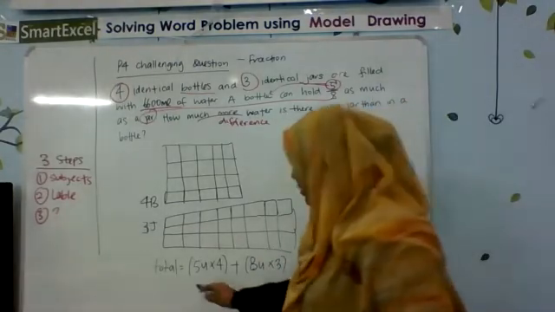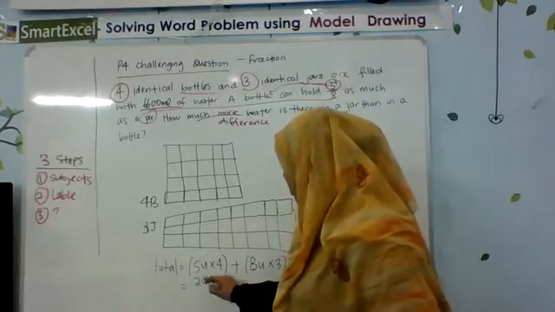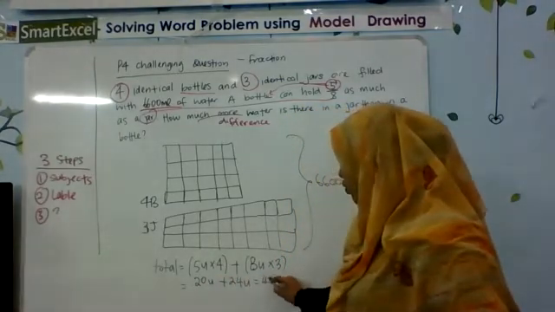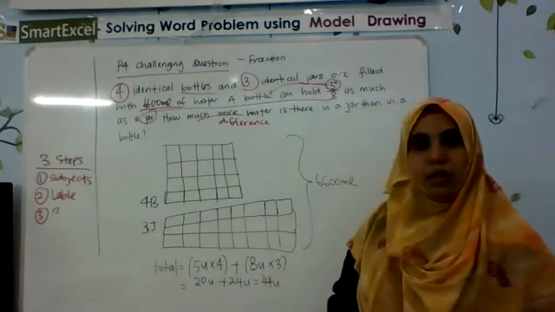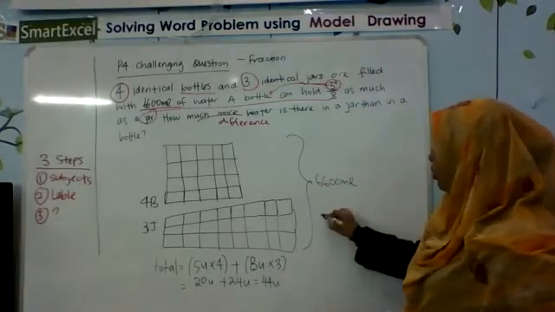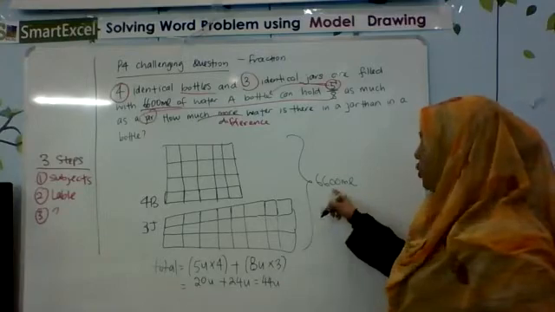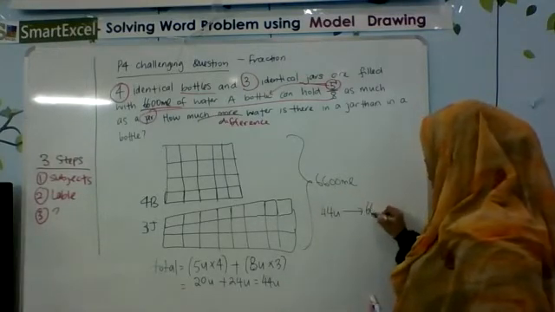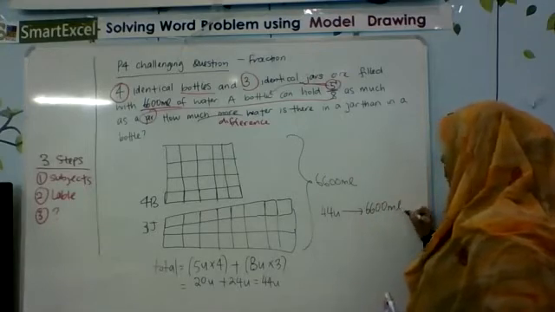That will give us 20 units plus 24 units, which is equal to 44 units. So this 44 units is the total, which is equivalent to 6,600 ml.